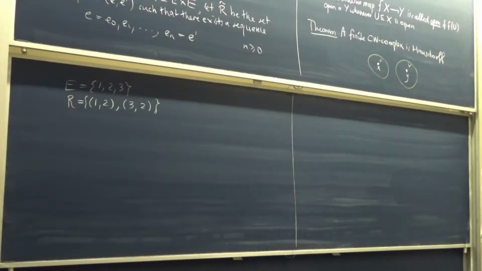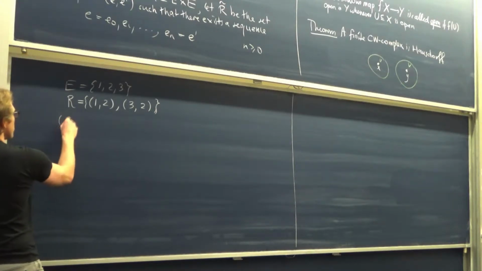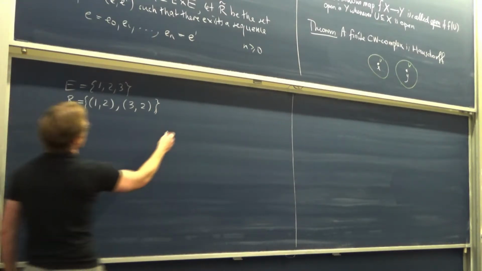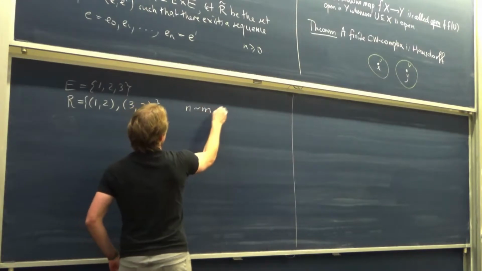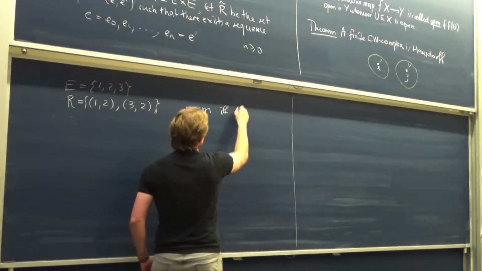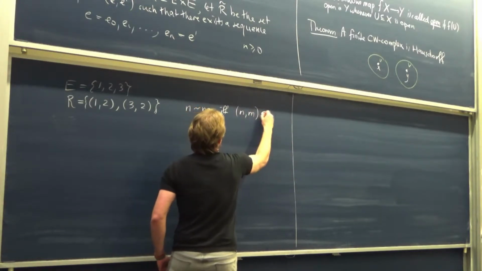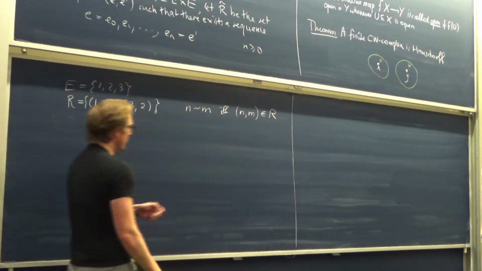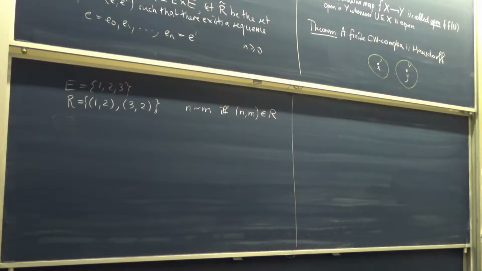Okay, so that's not an equivalence relation, right? To be an equivalence relation, it would have to in particular be reflexive. So let's write n tilde m to just be an indication that the pair n comma m is in the relation. That's what we usually mean when we write a symbol for a relation.